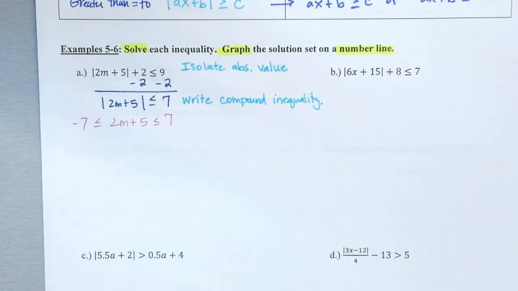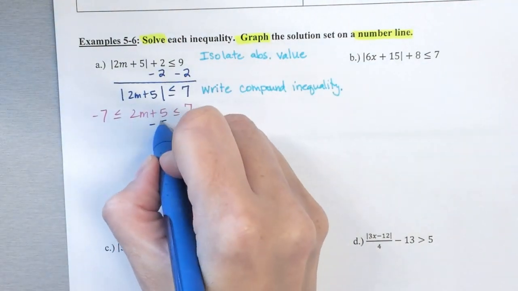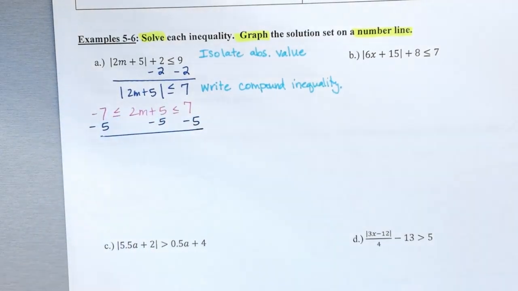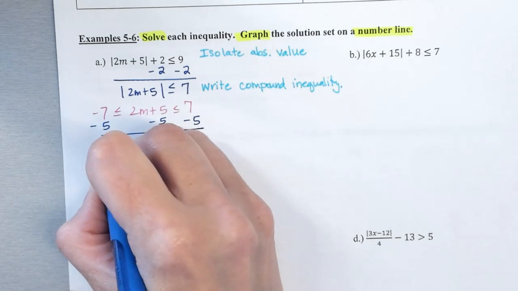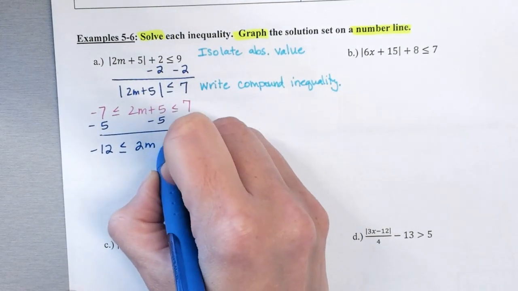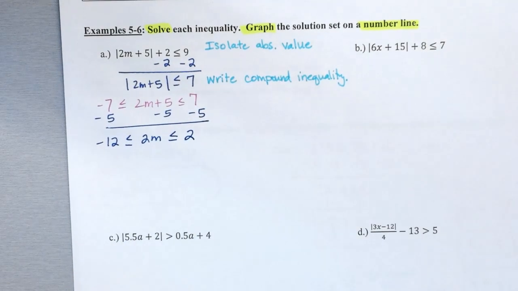And then if you guys remember how to solve the compound inequalities, whatever you do to all 3 sides. So we would subtract 5 from the right, from the left, from the middle. Again, this is a no calculator section, so we want to exercise those mental math muscles.